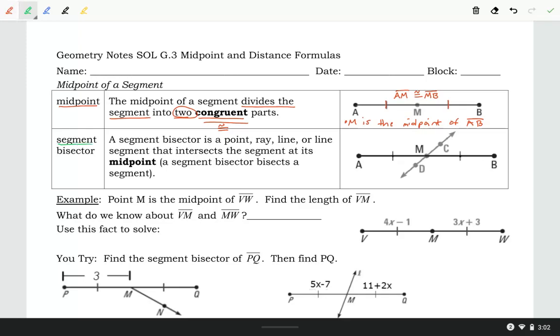Now, a segment bisector can be a point, a ray, a line, or a line segment. And what it does is it intersects the segment at the midpoint. So it bisects another segment.